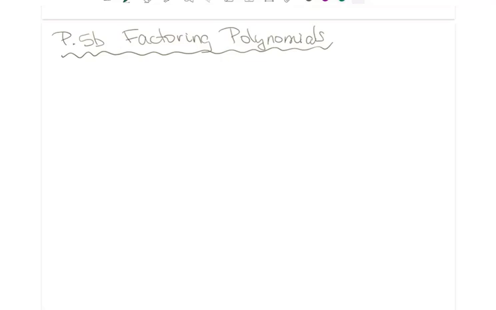And today we're going to focus on one type of polynomial. We're going to focus on trinomials. So if I have a trinomial, how many terms do I have? 3.